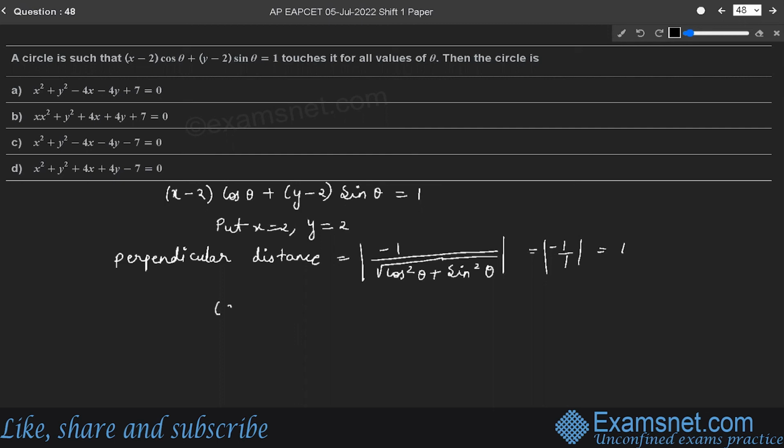Therefore, we can say that at point 2, 2, the perpendicular distance is 1. Therefore, this point is the center of the circle, which is 2, 2 and 1 is the radius. So the equation of circle will be x minus 2 whole square plus y minus 2 whole square is equal to 1 square.